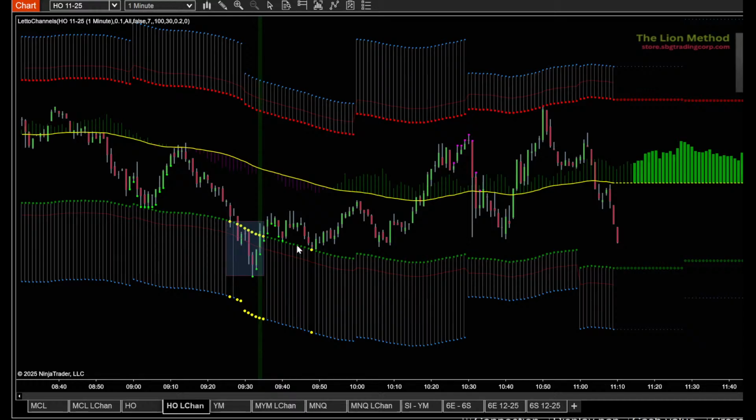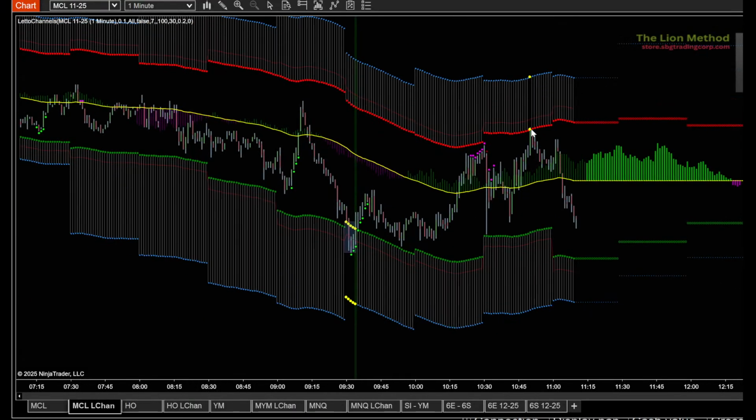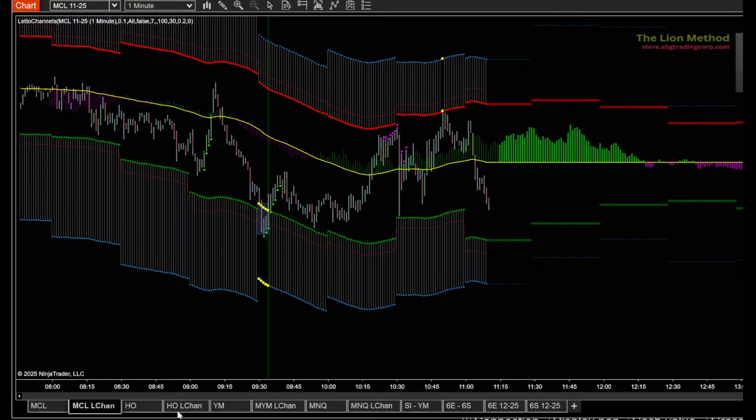Heating oil had a good buy setup right in that area. Prediction histo showing a rise in the instrument. That's what we did see for sure. Crude had a really beautiful sell right here. Beautiful buy here. So boom, boom. Bada bing, bada boom.